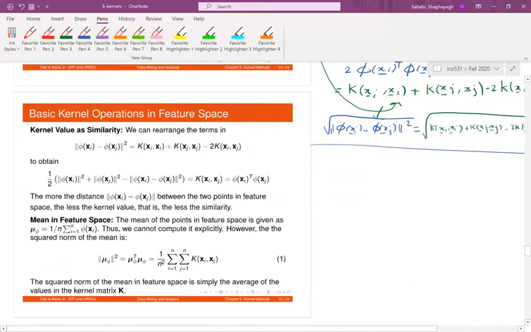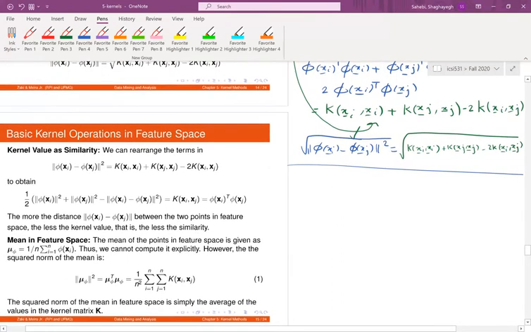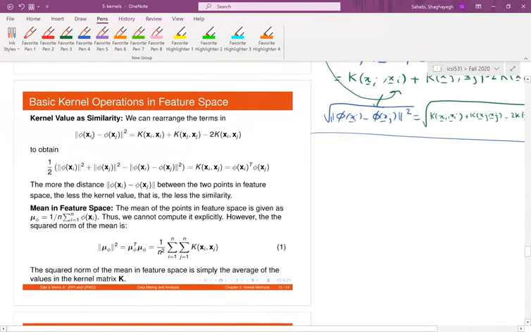Now, if we look at this, according to this equation that we can use to calculate the distance between phi of xi and phi of xj, we can see that the kernel between xi and xj is equal to 1/2 of the norm of phi of xi squared plus the norm of phi of xj squared, minus the distance between phi of xi and phi of xj squared.